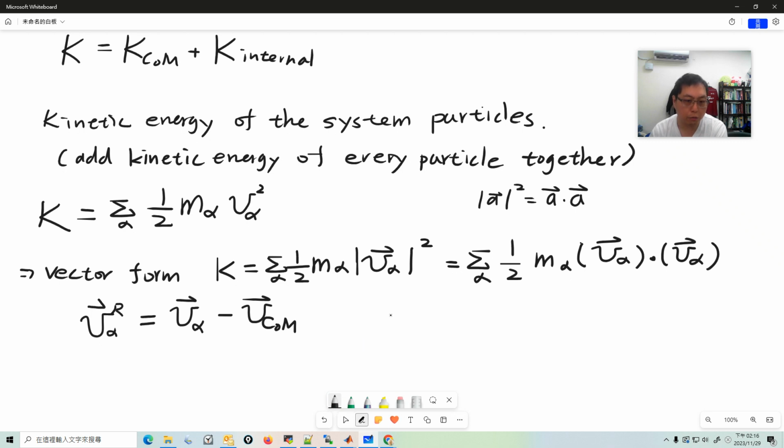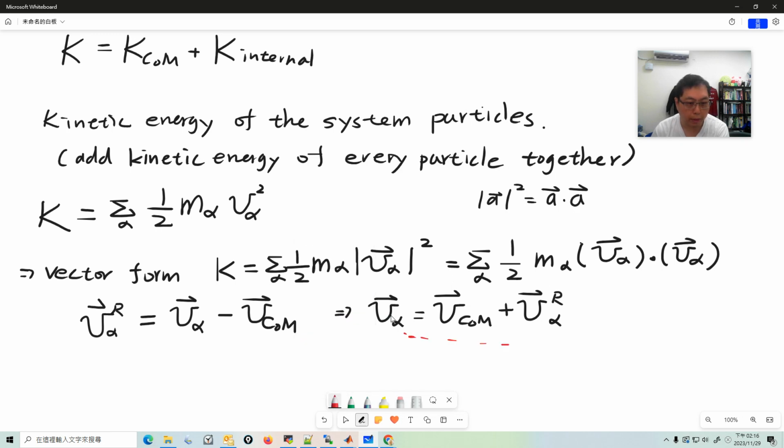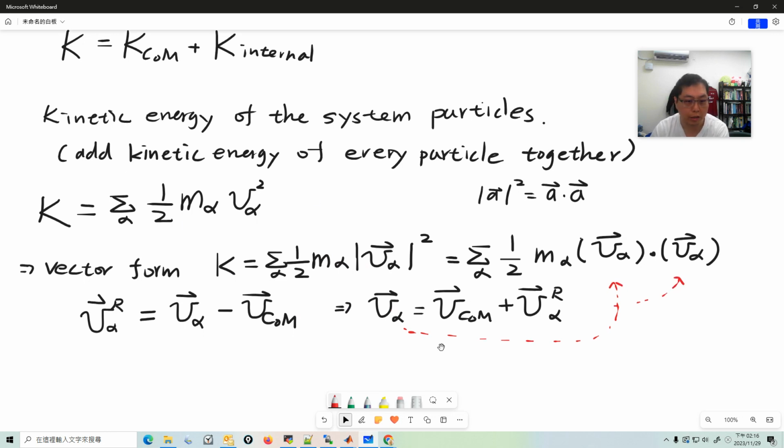With a little algebra, the velocity vector of each particle is equal to the velocity vector of the center of mass plus the relative velocity of each particle. We then put this back into the equation, and we can do this proof very directly.